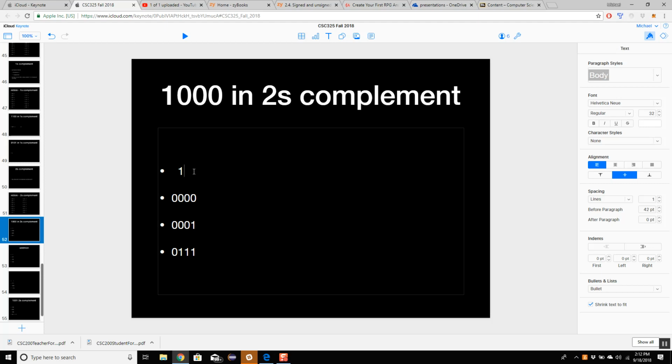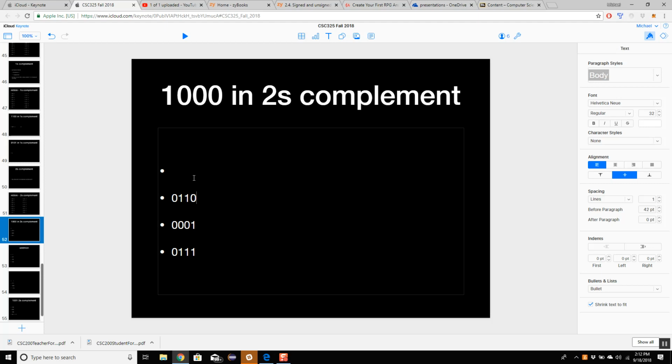Now, that 1 became part of this number here. That's where that came from. Now we borrow again. We get another 1, which gets this guy to be a 1. Then we borrow again to finally get it over here.